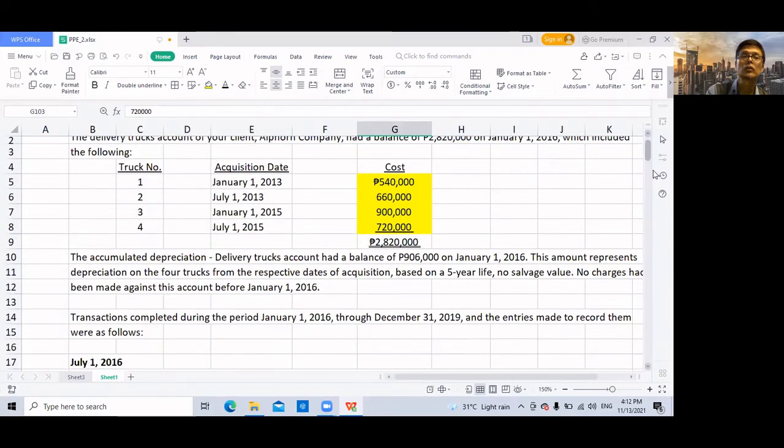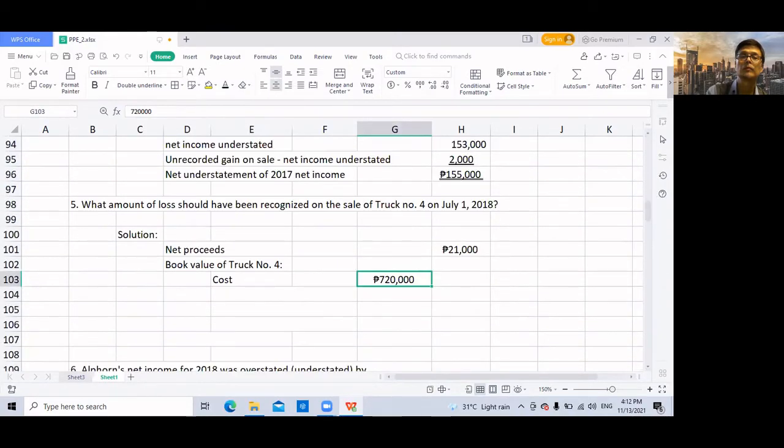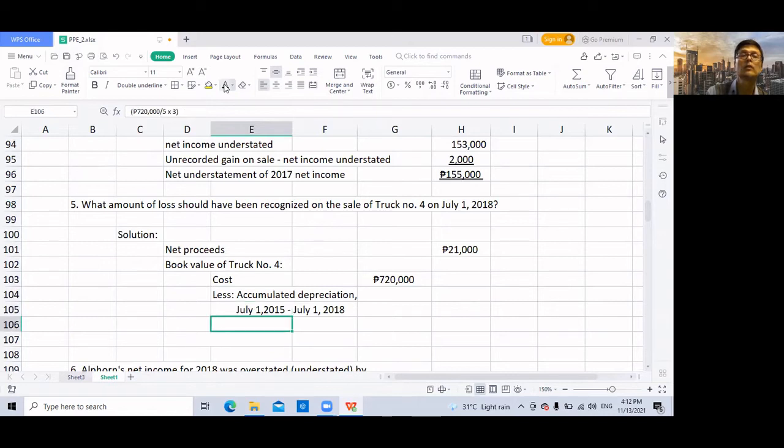That is the one purchased on January 1, 2015, and less accumulated depreciation from July 1, 2015 to July 1, 2018.